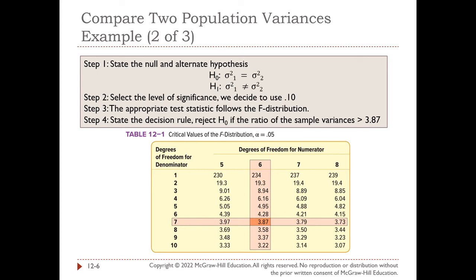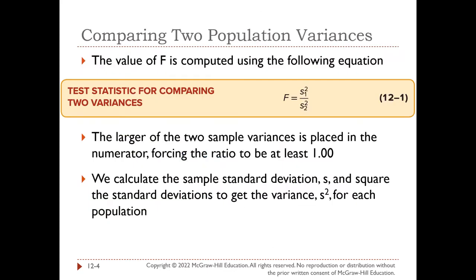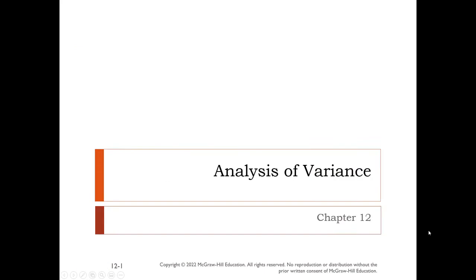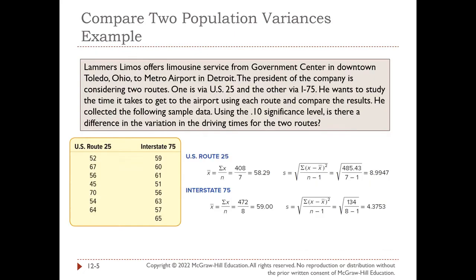This is why we fall right here. Notice that it's also 0.05 because the level of significance is usually two-tail. We're dividing it by 2 because what we're trying to do is find the little tail at the end.